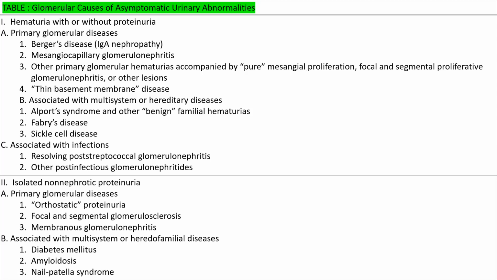And what will come inside it? Primary glomerular disease, A. B is that which is associated with multi-system or hereditary diseases. Associated with infections. All this.